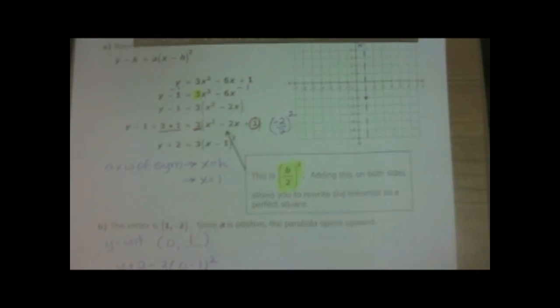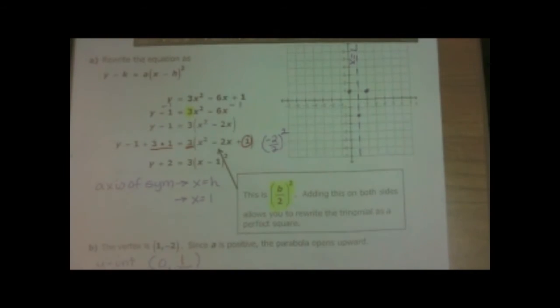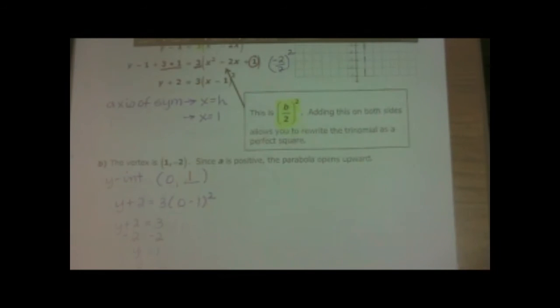So go back up here to my graph, and I'm going to graph 0, 1. And remember, I have a mirror image point on the other side of the axis. Next, we're going to calculate our x-intercept. So let's go back down to the bottom of the page. And my x-intercepts are going to be the point x, 0, and x, 0.